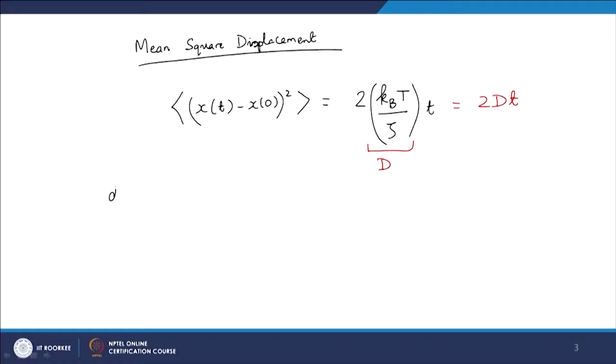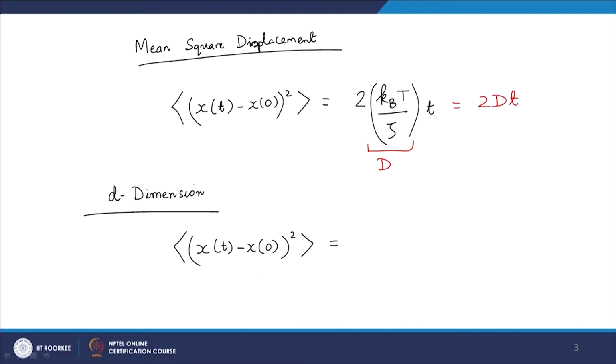There are 2 points to be made here. The first point is, of course, we have done it in only one dimension. If I am doing it in, say, a general 2 dimension or a 3 dimension, the only change we will see in d dimensions is that we will have the factor d there.